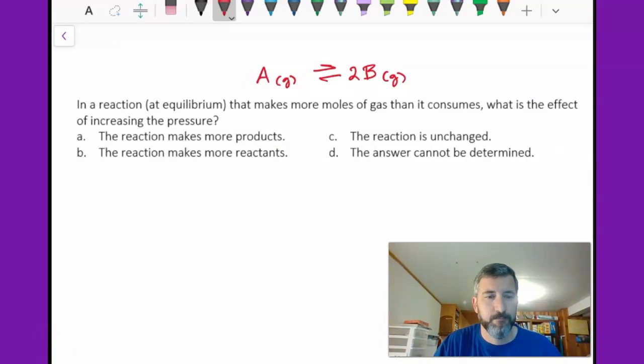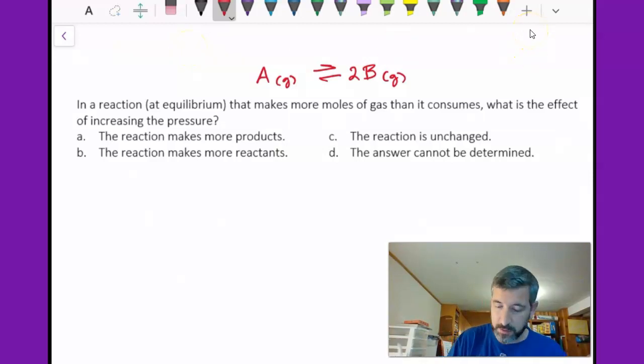What do you think there? Okay, if we increase the pressure, the reaction should shift to the direction that makes fewer moles of gas, right? So it should shift to the left.